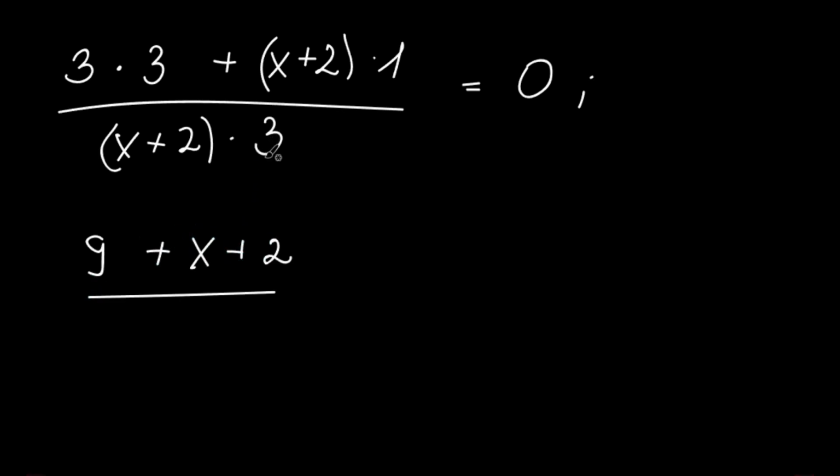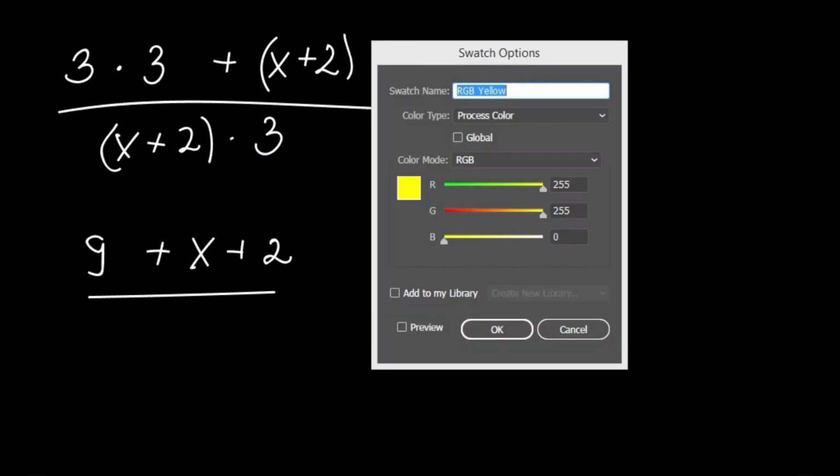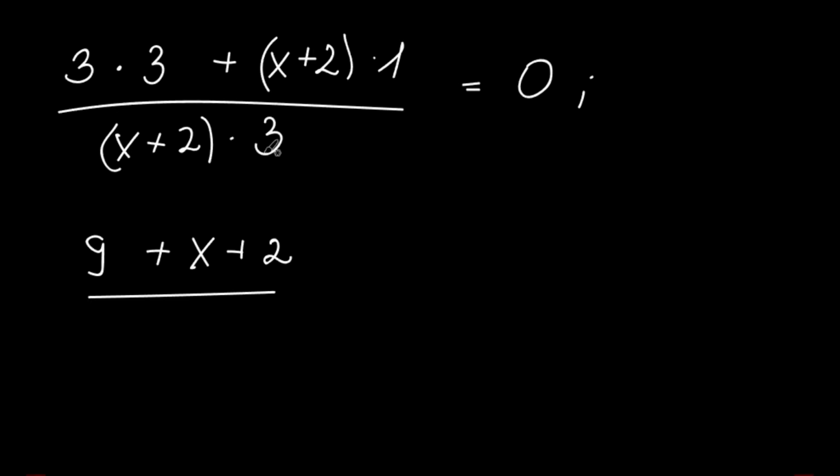divided by, now I'll take another color to show you that we multiply 3. Okay, so I'm multiplying 3 by x, and I'm also multiplying 3 by 2, and I get that it is 3x plus 6, and it is equal to 0.